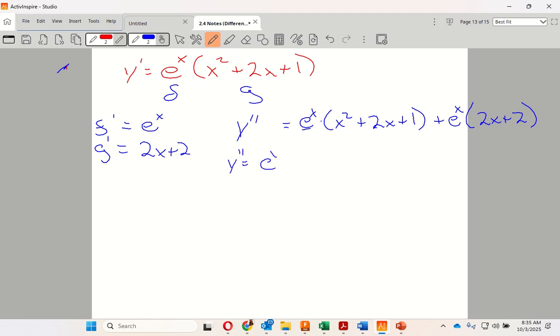It is e to the x times the quantity x squared plus 2x plus 1, plus 2x plus 2. I'm going to go y double prime is e to the x times x squared plus 4x plus 3.